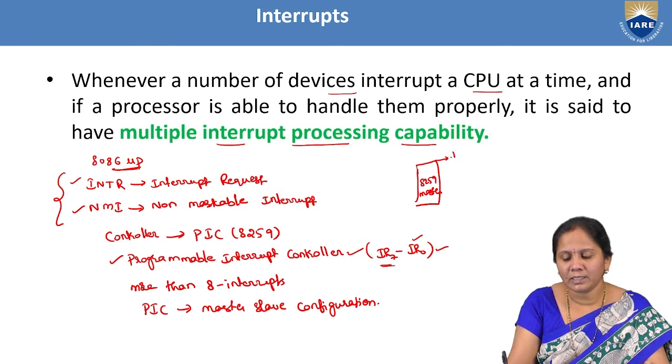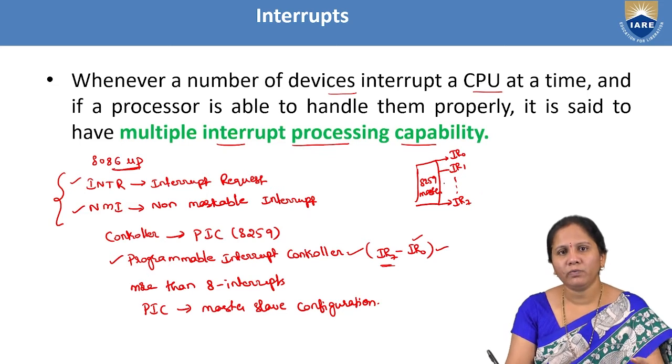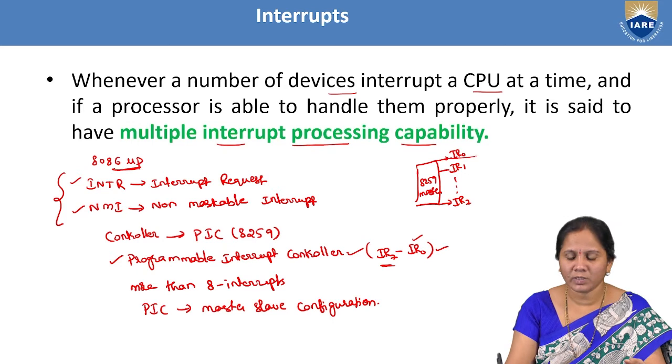It consists of IR0, IR1, and so on up to IR7 interrupt signals. If you connect the 8259s in master-slave configuration, for each interrupt request line, one 8259 IC can be connected. This 8259 IC we call a slave IC. And again for IR1 also, similarly, one 8259 IC can be connected.